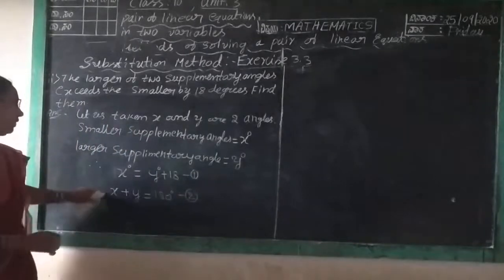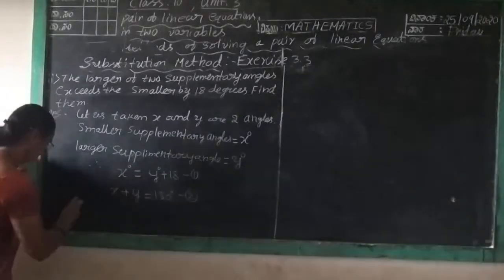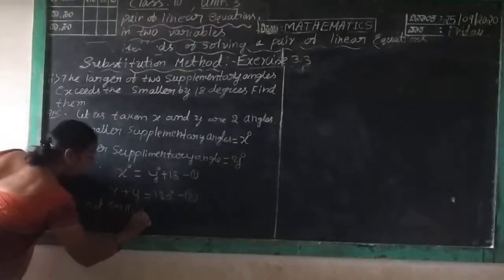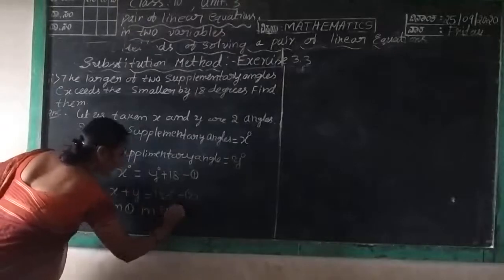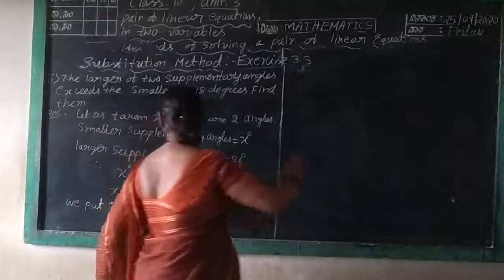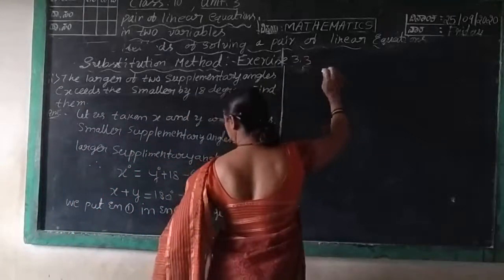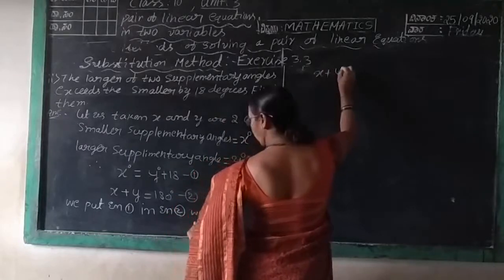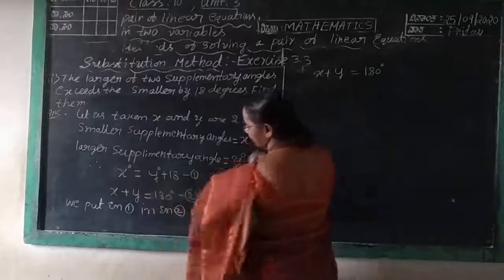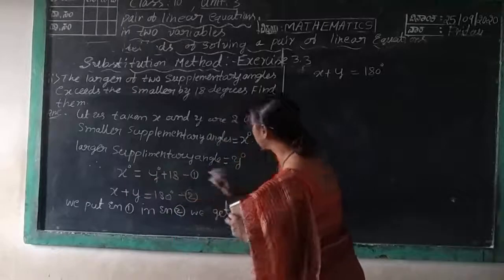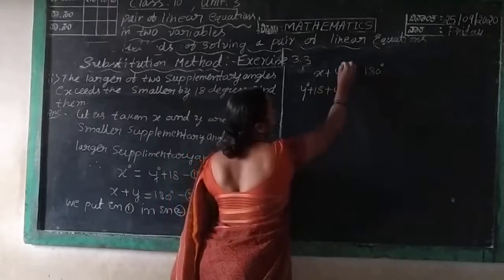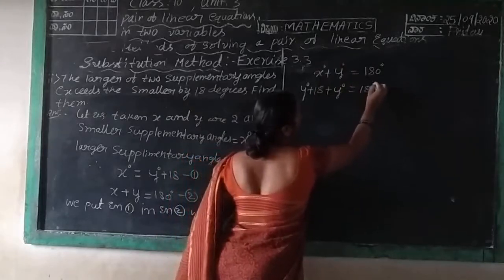Then we put equation 1 into equation 2. We get x plus y is equal to 180. From equation 1 we get the x value, y plus 18, so y plus 18 plus y degree is equal to 180.